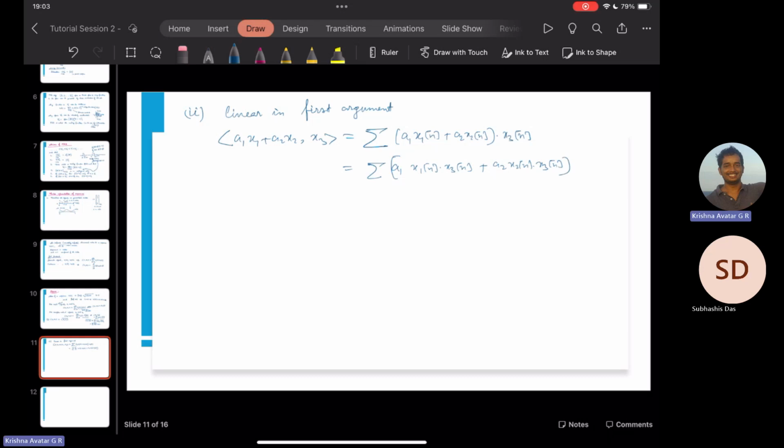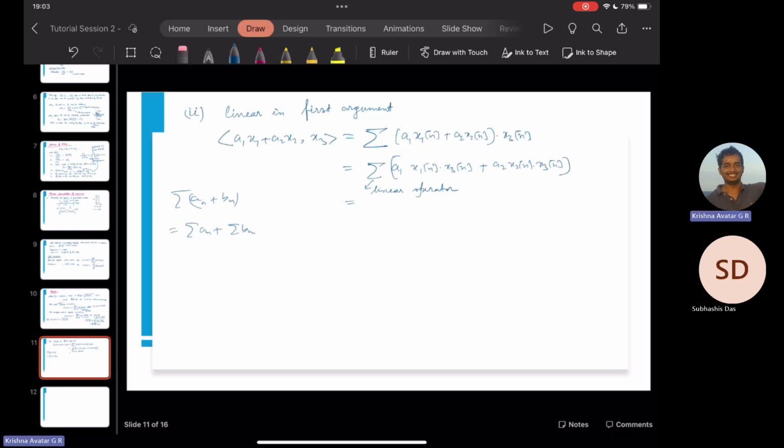And from here, what we can say is that if you are summing something like a[n] plus b[n], this is the same as summation of a[n] plus summation of b[n]. And that also holds for the summation operator, because even the summation operator is linear, so it allows this.